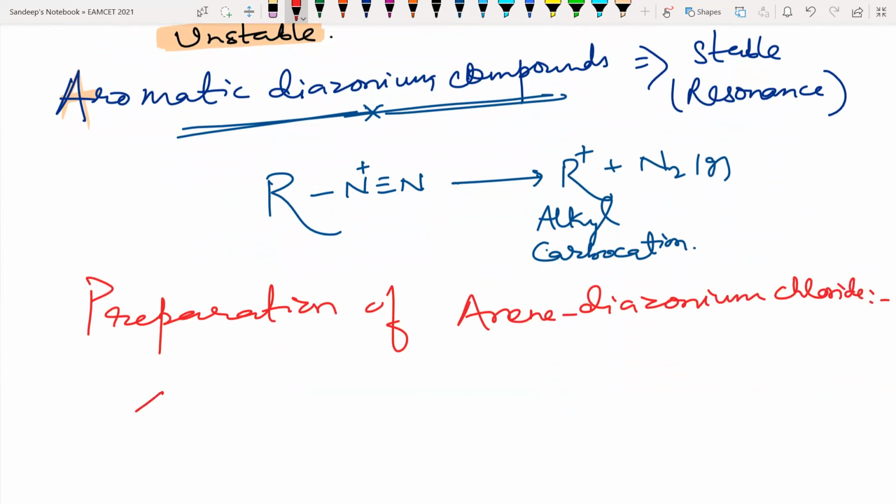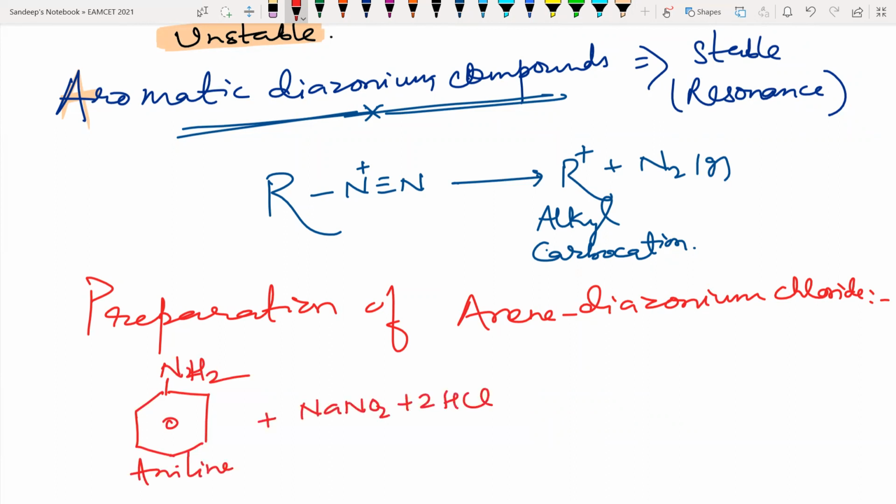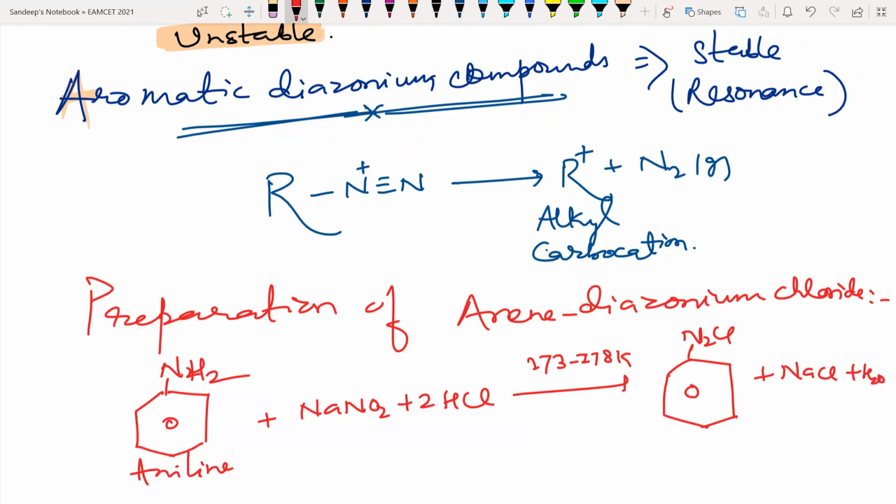You have to take aniline treated with sodium nitrite plus HCl at 273 to 278 Kelvin. It forms benzene diazonium chloride plus sodium chloride plus water. The process is called diazotization.